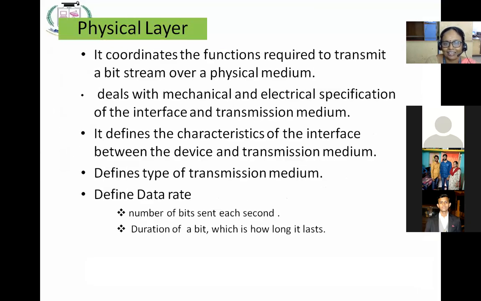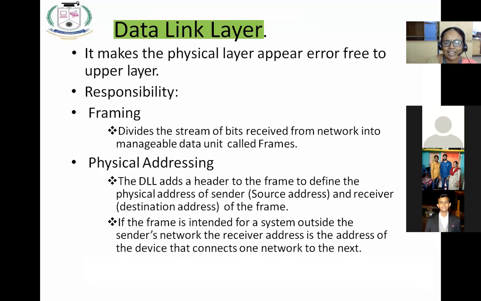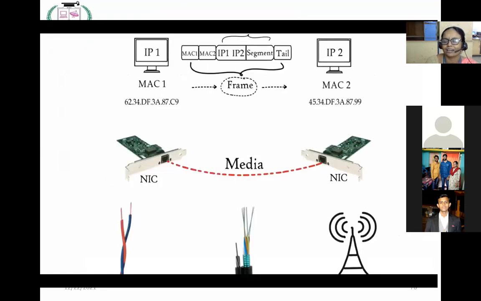In the transport layer, we are putting our IP address into the segments and sending. When it comes to the data link layer, we are putting the MAC address and sending. So every time I'm adding to my data, it should not be lost.